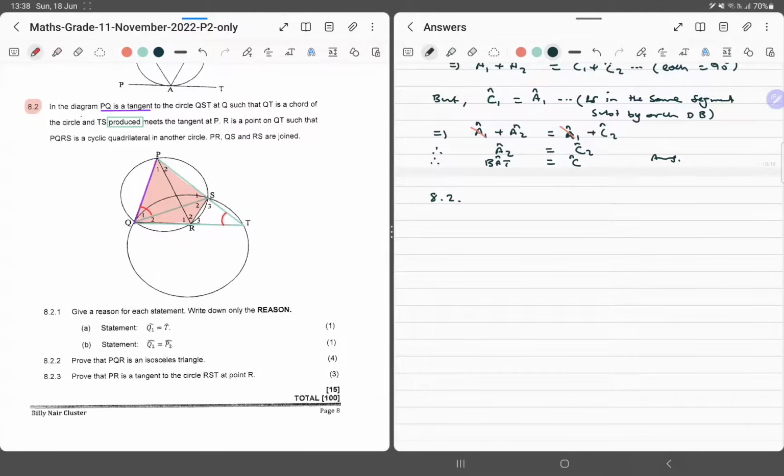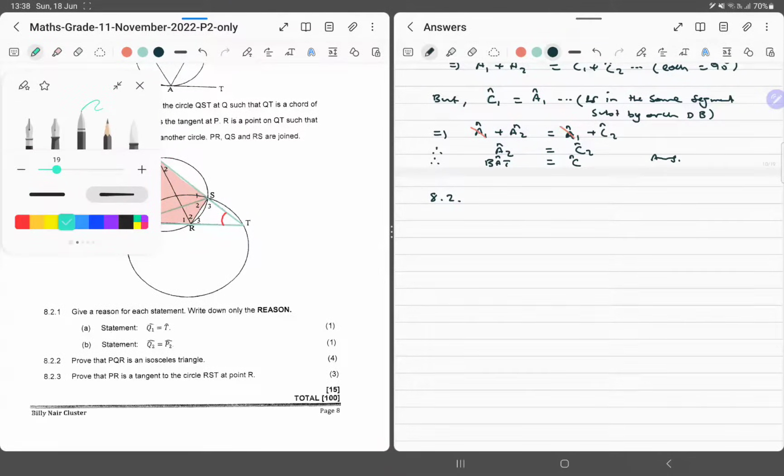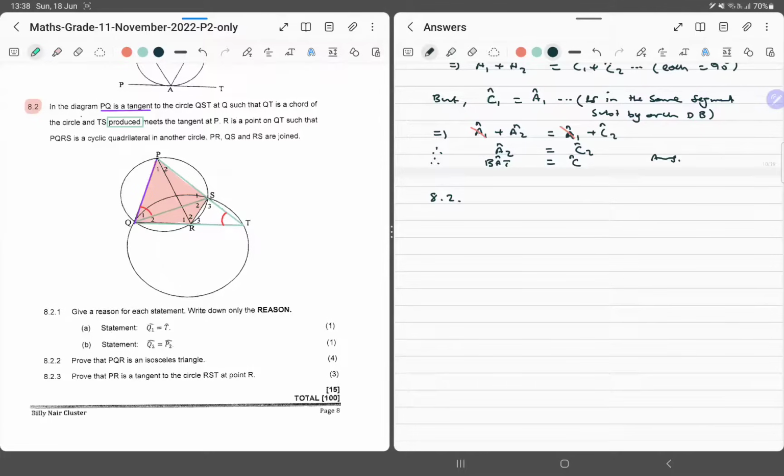There's a lot of things here to say. So guys, be careful. Don't overdo it. The other thing that we can say is that this angle is equal to that angle. Right. What is the story there?